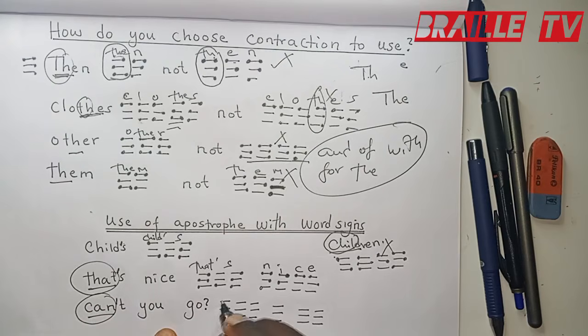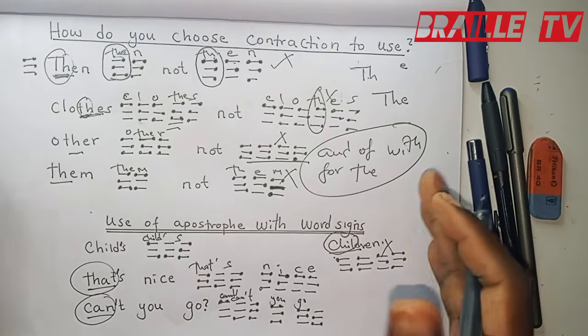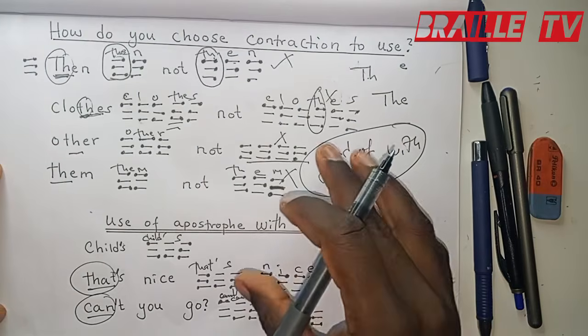So "can't" is C, apostrophe, T. Then "you" is Y, and then "go" is just G, and then a question mark. So this is "go". That is it. This is how we are supposed to use these word signs or group signs with the letter H.